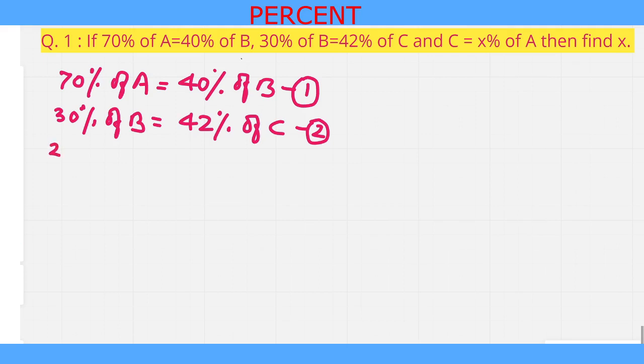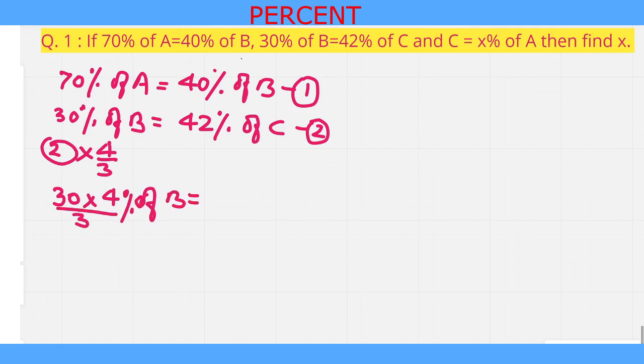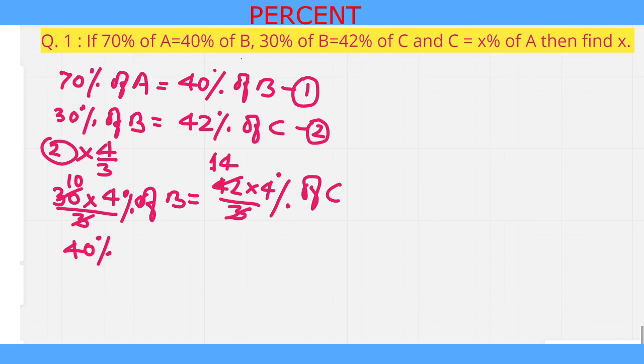So by multiplying equation 2 by 4 upon 3, we get 30 multiplied by 4 upon 3 percent of B equal to 42 multiplied by 4 upon 3 percent of C. 3 cancels 30 for 10 times. Also 3 cancels 42 for 14 times. This gives us 40% of B equal to 56% of C. 14 times 4 is 56.